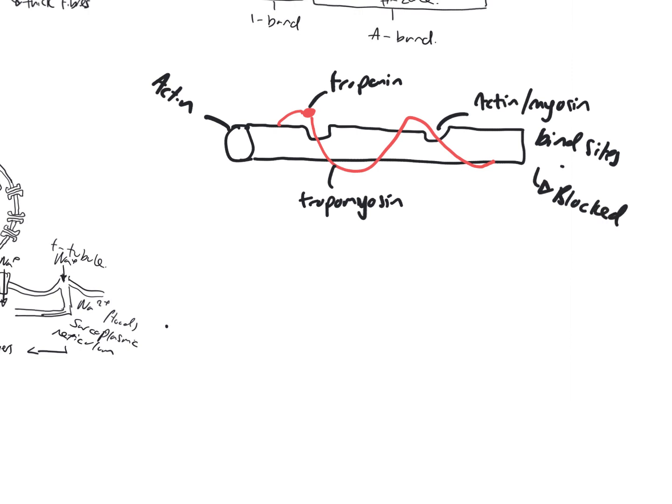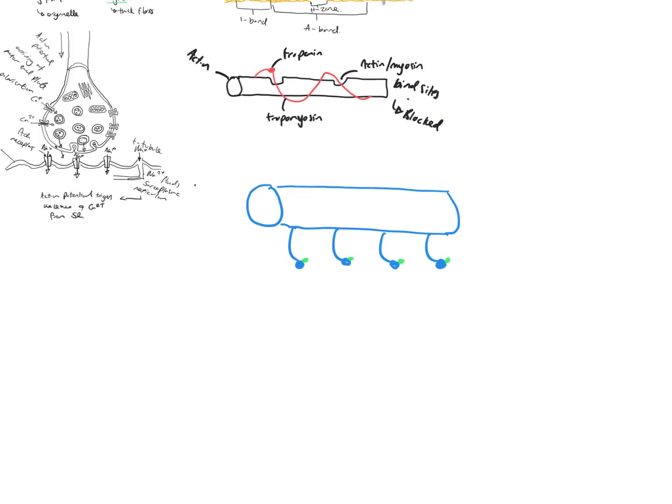So at this point in time, there is no ability for those myosin heads to be able to bind with the actin, and that is because this troponin is holding the tropomyosin in a position whereby it is blocking those actin-myosin binding sites. So the next part of the sarcomere that I wanted to look at was the myosin.